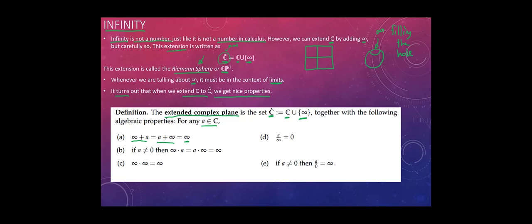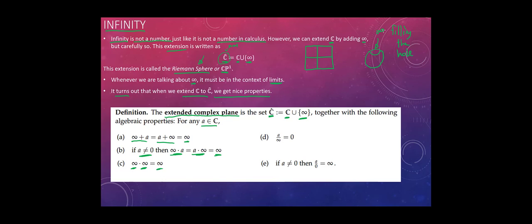So infinity plus A is equal to A plus infinity, which is infinity. If A does not equal 0, then infinity times A equals A times infinity, which is infinity. So any nonzero complex number times infinity is equal to infinity. Infinity times infinity equals infinity.